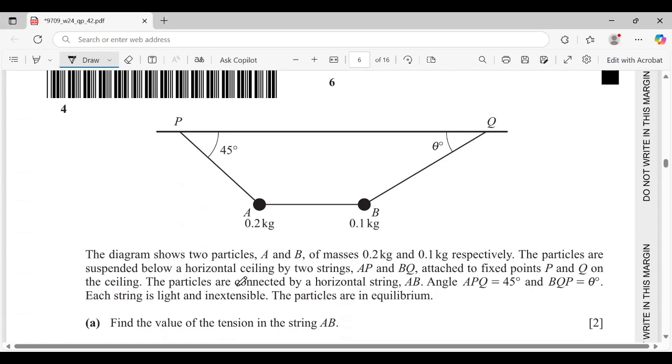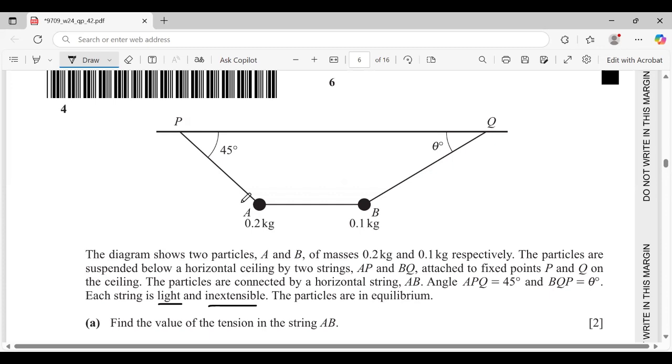The particles are connected by a horizontal string AB. Angle APQ equals 45 degrees and angle BQP equals theta degrees. The string is light and inextensible. The particles are in equilibrium.